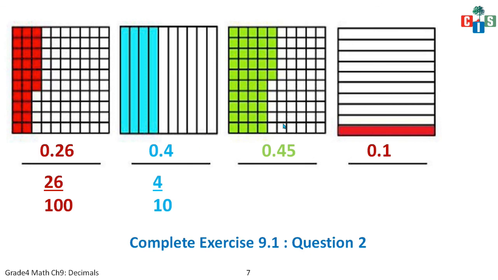Here 45 is colored out of 100, so you will write 0.45, because there are 2 zeros, so jump 2 places. Here you have only 1 colored part out of 10 parts, so this fraction can be written as 0.1.